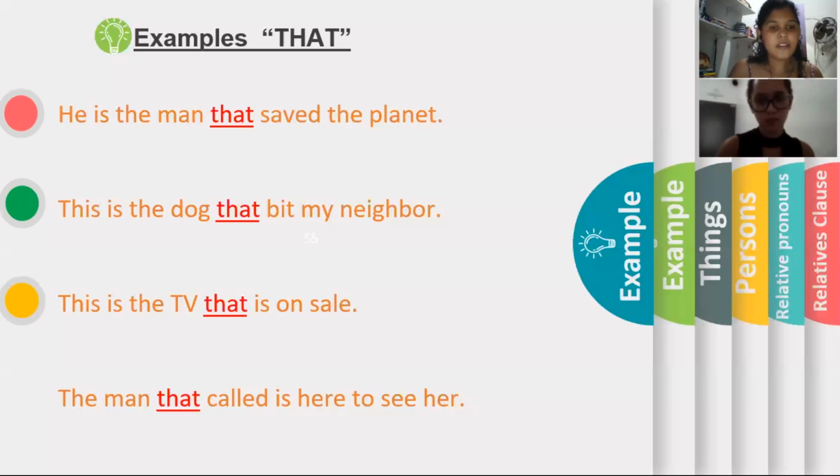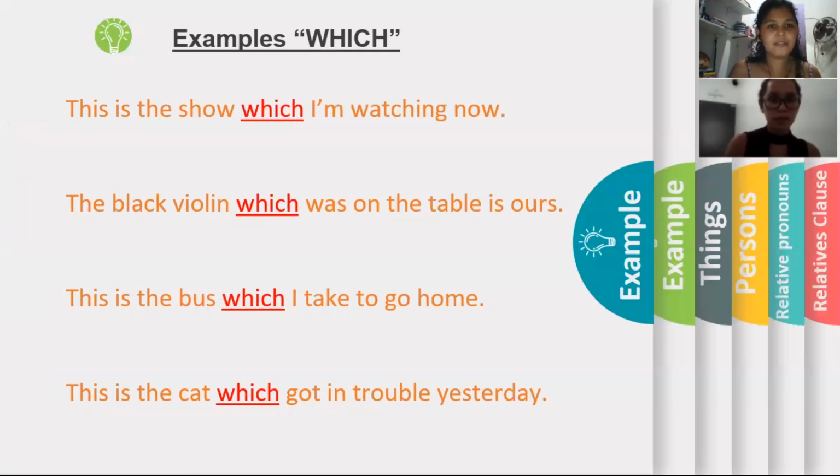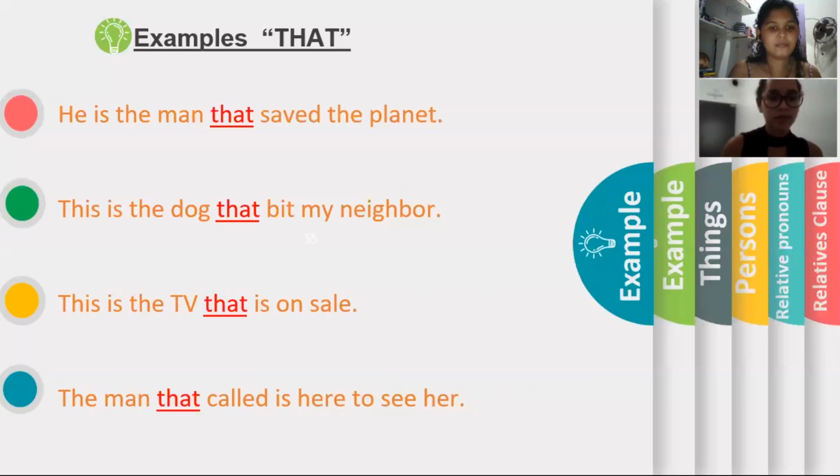This is the TV that is on the side. In this case, the pronoun that refers to an object. The man that she wanted to see. Again, in this example, that refers to people.